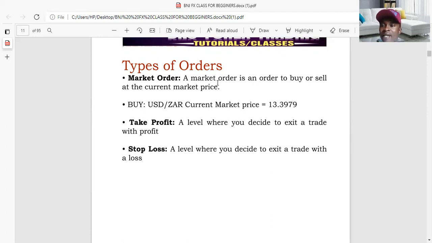You go to the market, you ask how much, they say 5 naira, and you want to buy it at 5 naira. You don't want to wait for the market to go down before you buy or sell. You want to buy it at that current price at that juncture.